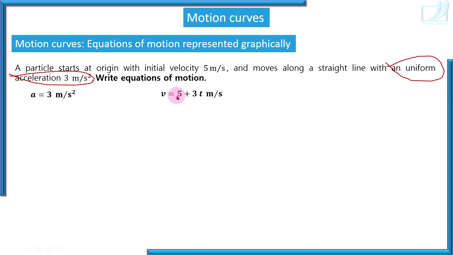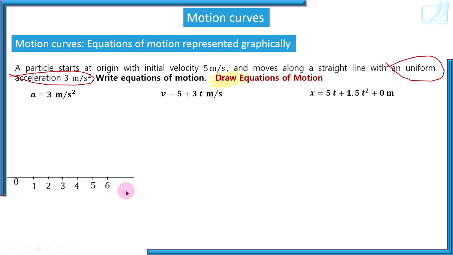Then v is equal to v0 plus at, or v is equal to u plus at. It is the velocity time equation. And x is equal to v0 t plus half at squared plus initial position, that is 0 in this case. But what if I ask you to draw equations of motion?